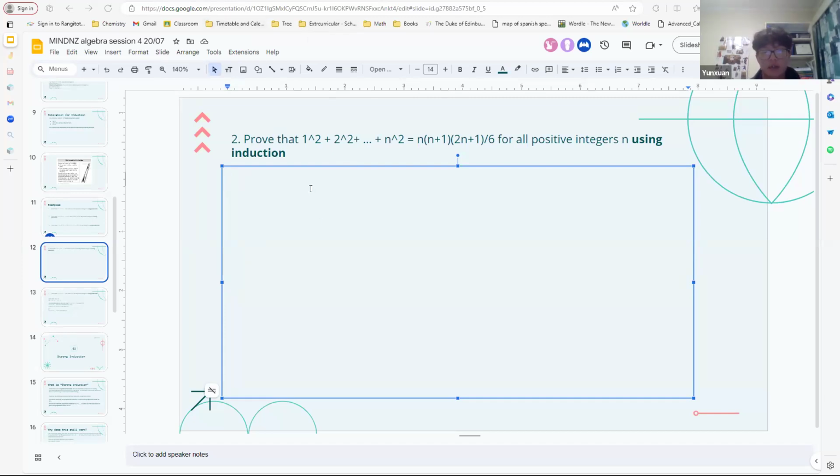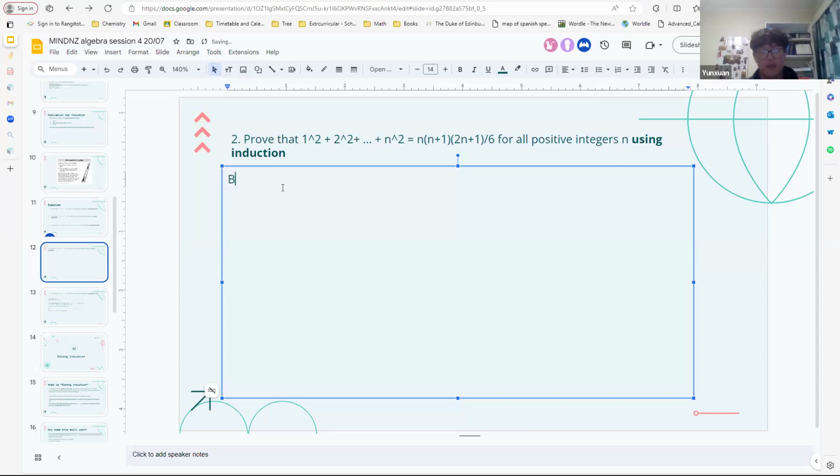So what's the base case we can use for this problem? Can someone tell me in chat? Please tell me the base case that we can use. Okay, never mind.